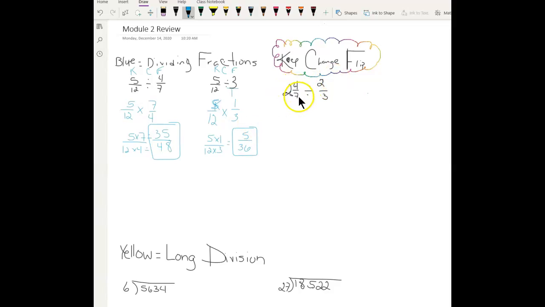This one really trips a lot of people up. Remember, for this one, there's a little step before keep, change, flip. You have to do 1, make an improper fraction.